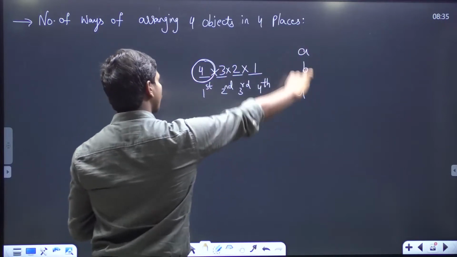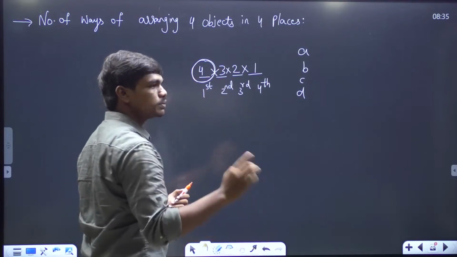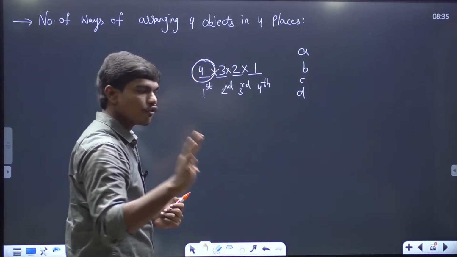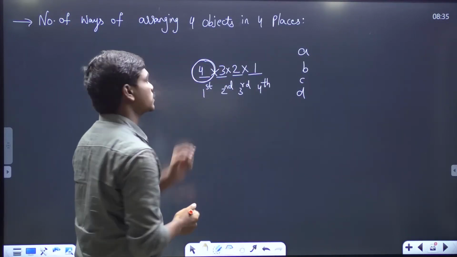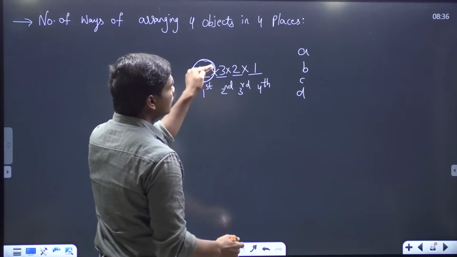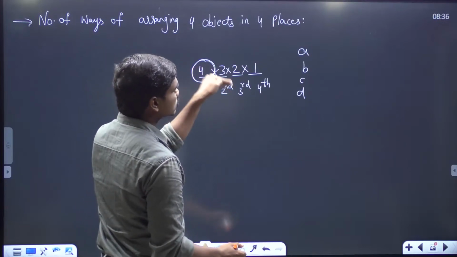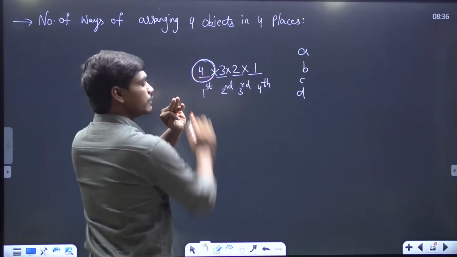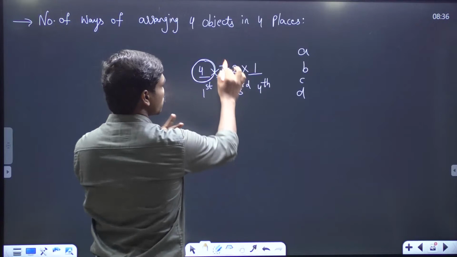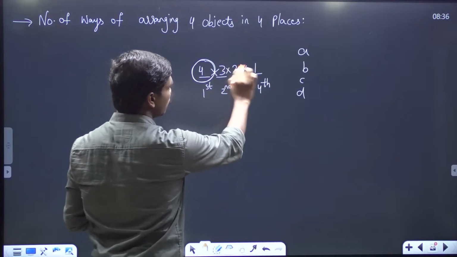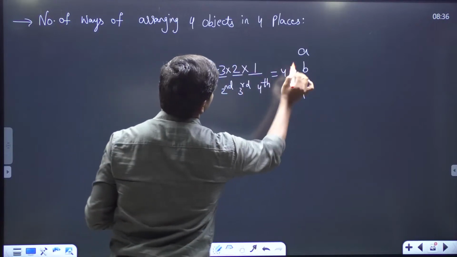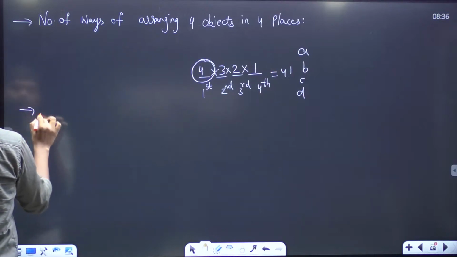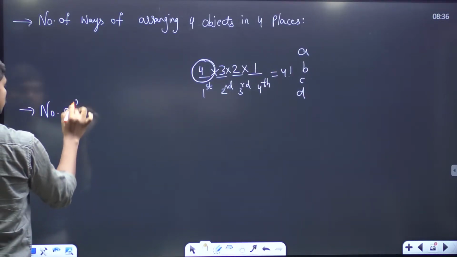So out of these 4 objects, you can put any object, which means you have 4 choices to fill this first place. And for filling the second place, you have 3 choices, because out of these 4 choices, 1 choice is already fixed here. So you can fill this place in 3 ways. Similarly, 2 and 1. So this is nothing but 4 factorial.